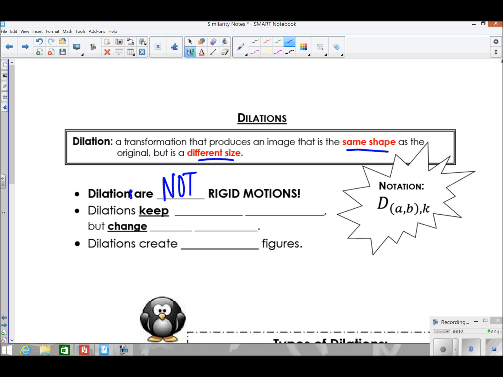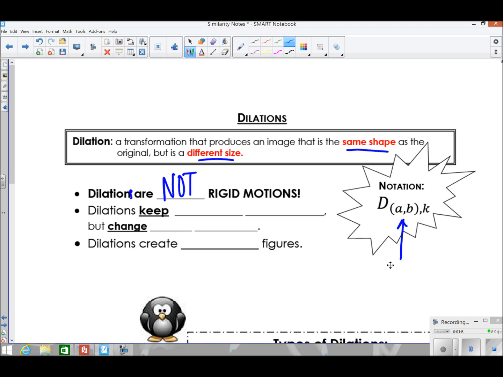The notation for dilation, kind of like how we have the notation for rotations, reflections, and translations, is going to be a capital D, and then you're going to have some coordinate here. It's either going to be given to you as a coordinate or just as a single letter, meaning a point, depending on if we're doing a dilation in plane space or on a graph.